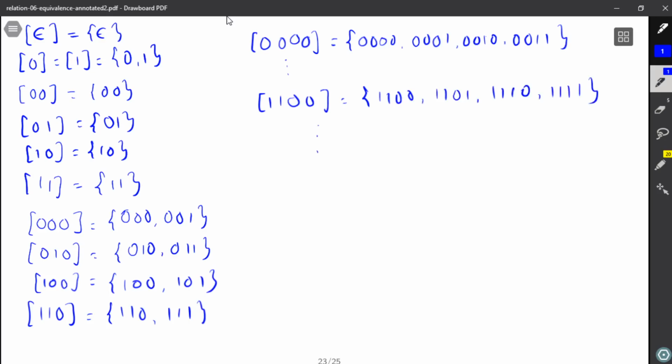So length 5, length 6, and so on. So that's the answer to question 1.